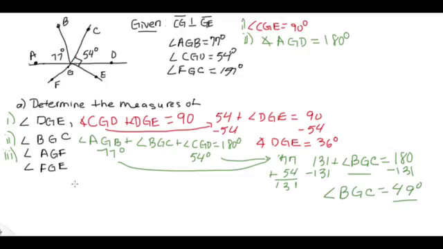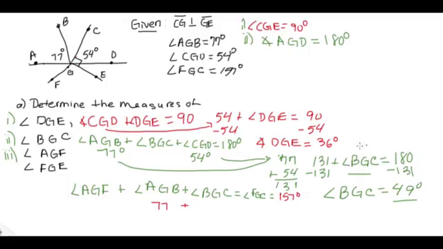So we have angle AGF plus angle AGB plus angle BGC equals angle FGC, which equals 157. I have AGB 77.